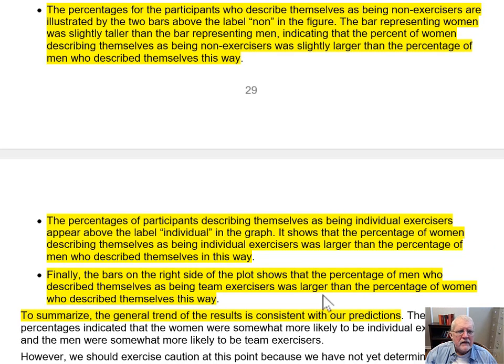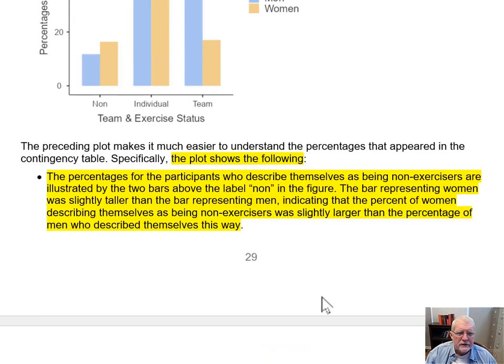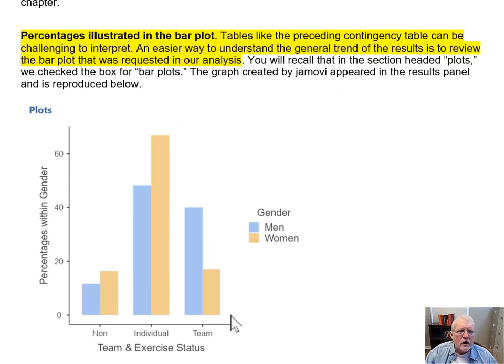Third bullet point. Finally, the bars on the right side of the plot show the percentage of men who describe themselves as being team exercisers was larger than the percentage of women who describe themselves that way. And yeah, our third set of bars. Men were more likely to say that they were team exercisers compared to women.